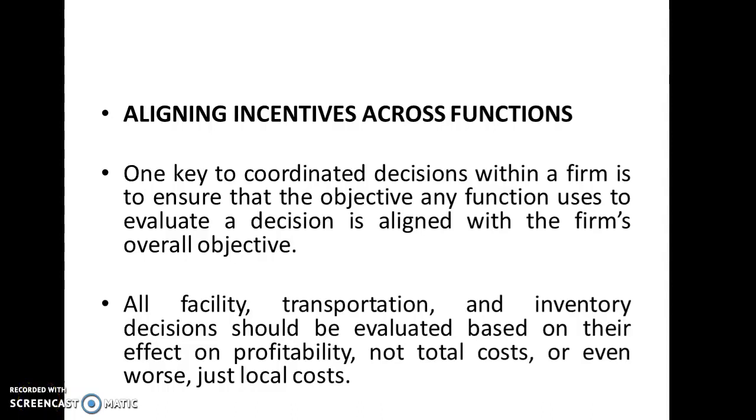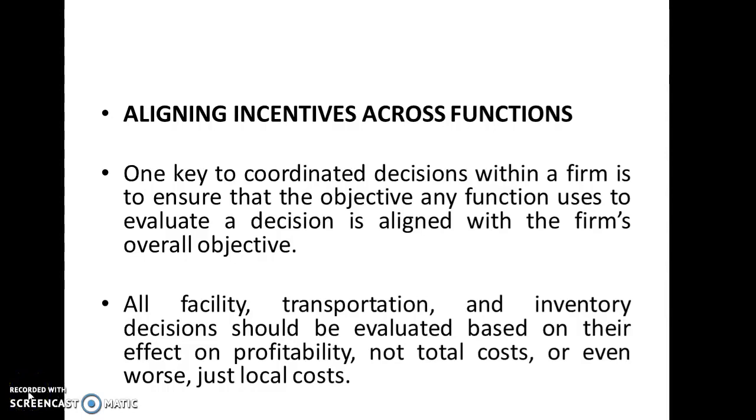Aligning incentives across functions. One key to coordinated decisions within a firm is to ensure that the objective any function uses to evaluate a decision is aligned with the firm's overall objective. That means we want to evaluate each functionality or stage in a supply chain system.